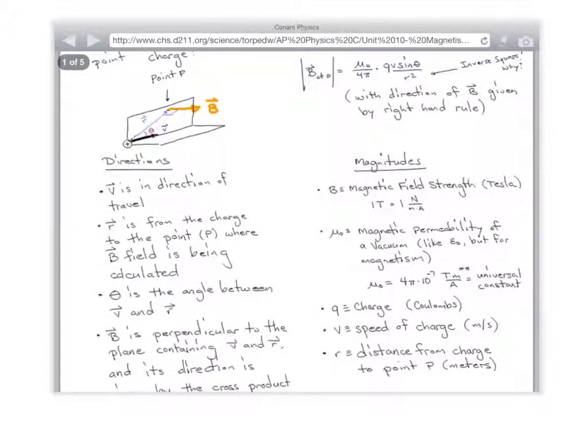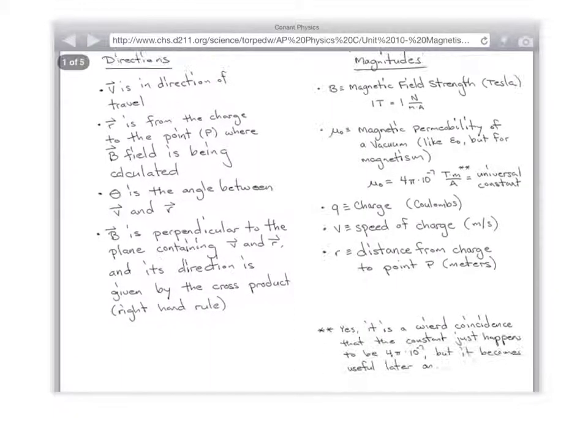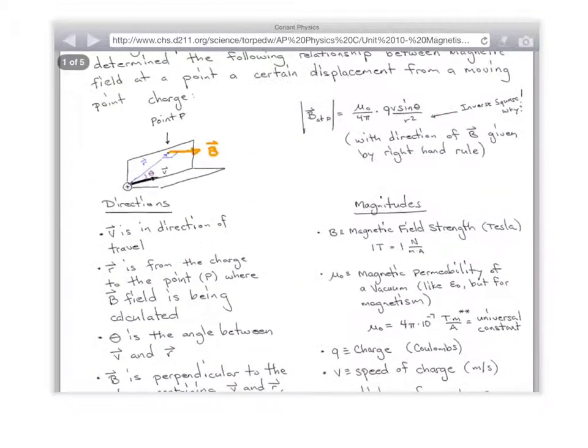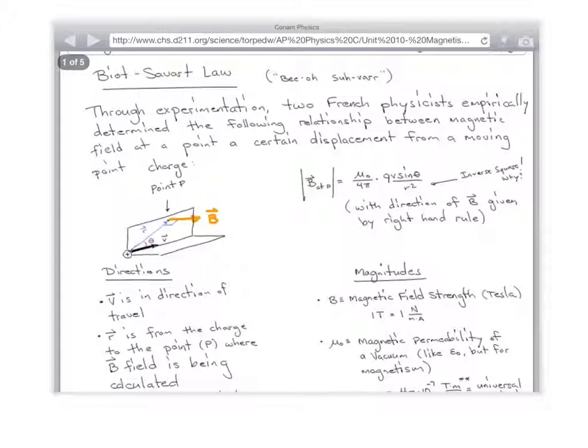All right, so here we go. Remember what K was equal to? 1 over 4 pi epsilon naught, right?